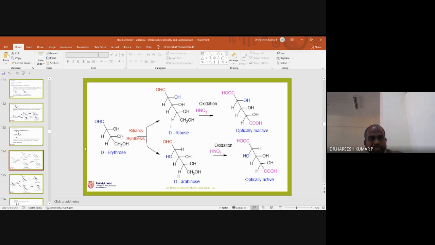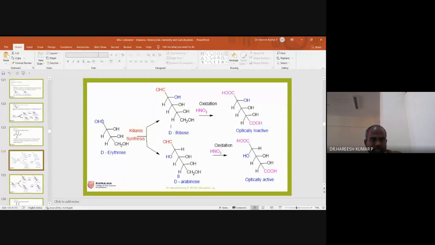Okay, D-erythrose, when it is subjected to Kiliani synthesis. So what is Kiliani synthesis? Reaction of an aldehyde with hydrogen cyanide. So what will happen? Hydrogen will form a bond with oxygen, cyanide will form a bond with the aldehydic carbon.